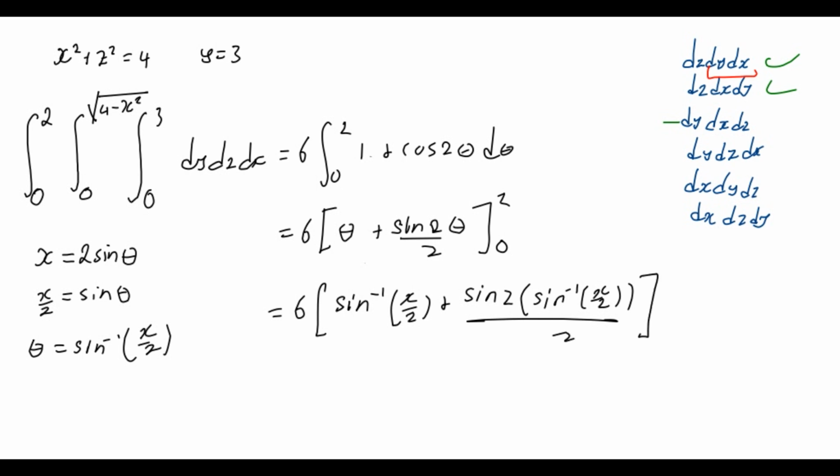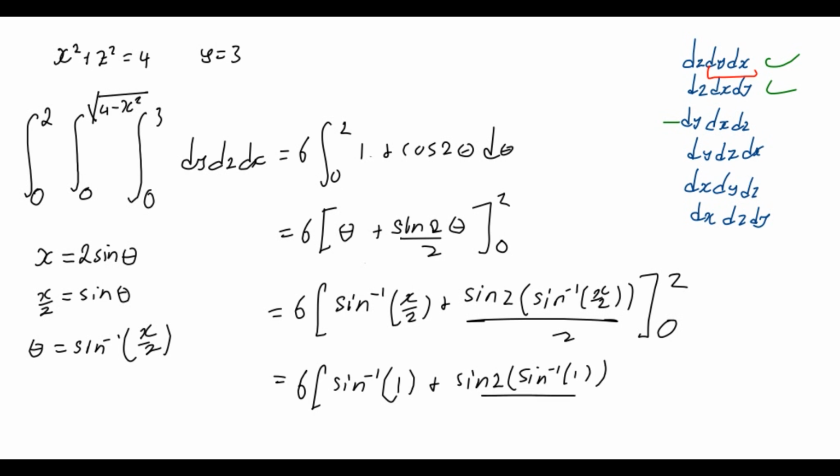Then you evaluate from 0 to 2, just a matter of plugging in. So where there's x you plug in 2, giving sine inverse of 1, plus sine 2 times sine inverse of 1, divided by 2.